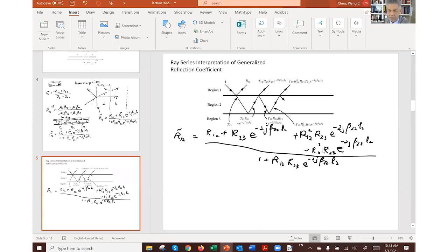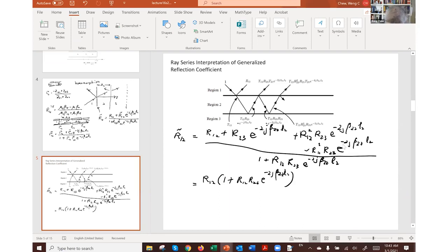So if I put this together with the first term, what I have then is the fact that the first term and this term that I have added in can be written as R12 times 1 plus R12, R23, e to the minus 2j beta 2z L2.